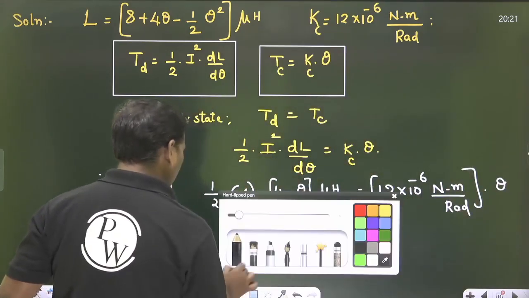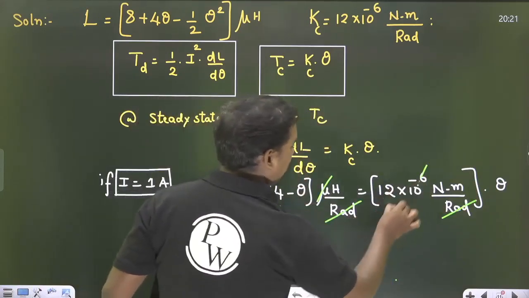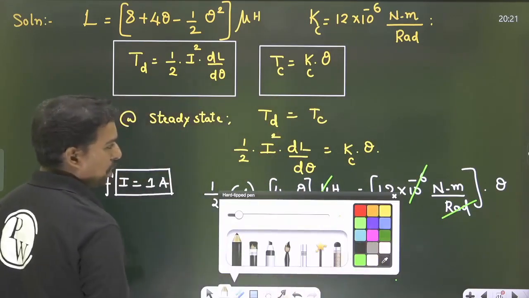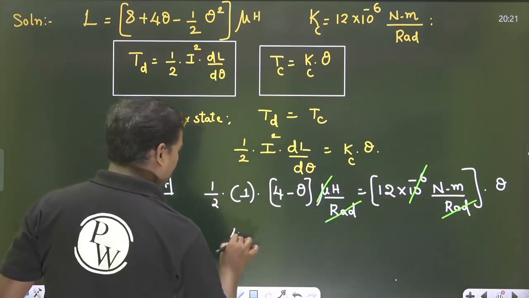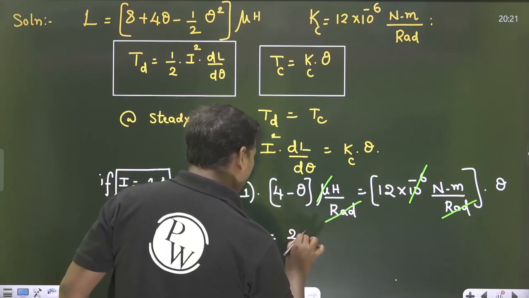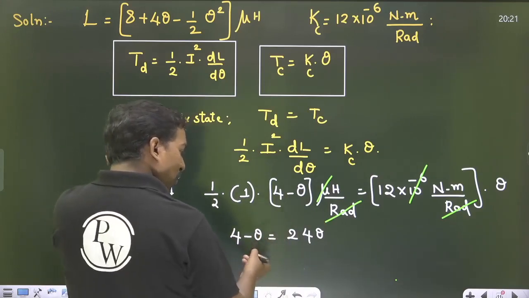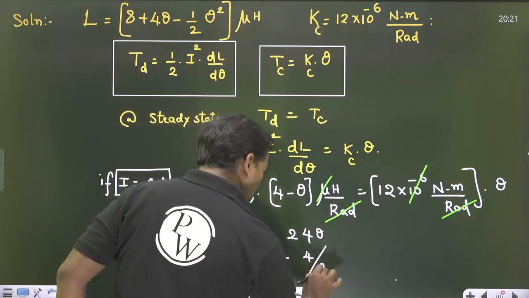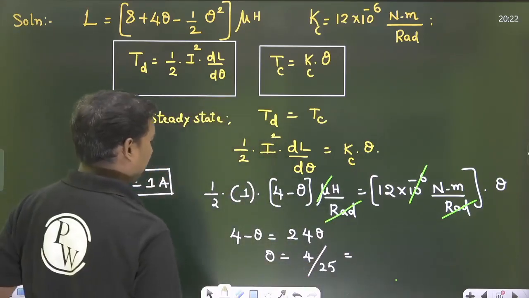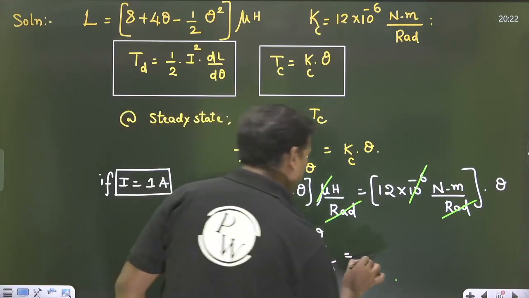Radian gets cancelled, and the micro, 10 power minus 6, gets cancelled. Simplifying, 4 minus theta is equal to 24 theta, so 25 theta is equal to 4, theta is equal to 4 by 25, which comes to 0.16.